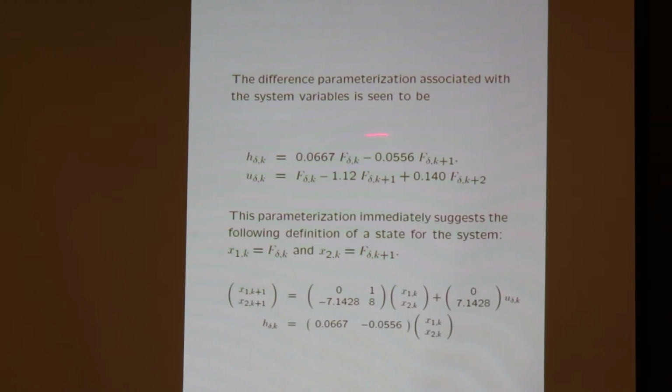So the output of the system has this dependence on the flat output, and the input of the system has this dependence on the flat output. And remember that because we have two time shifts forward into the future, it doesn't mean that this is not available.